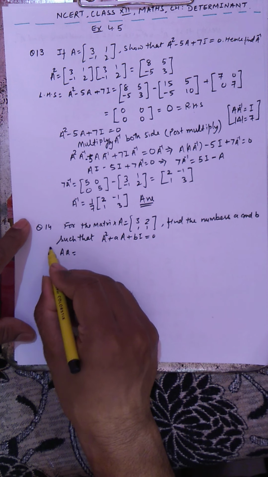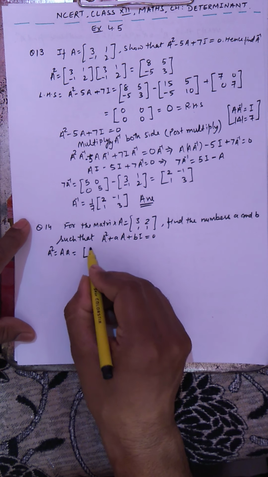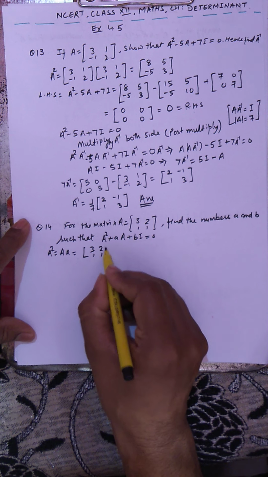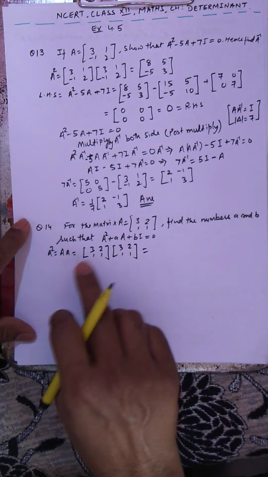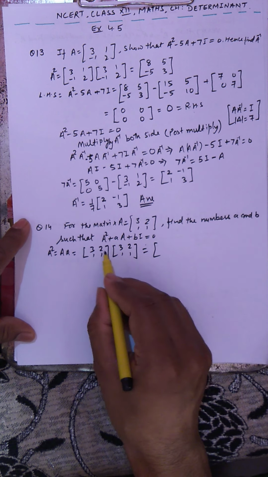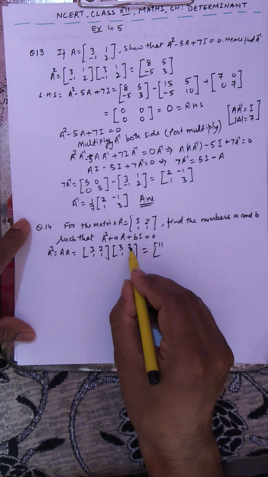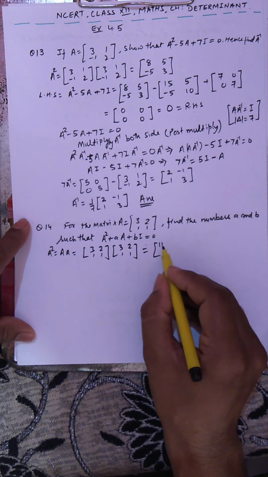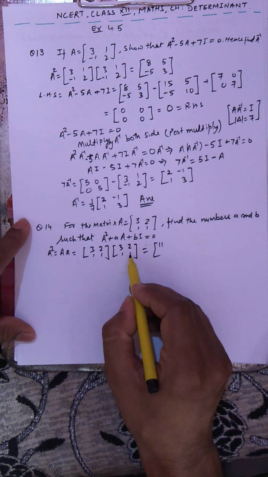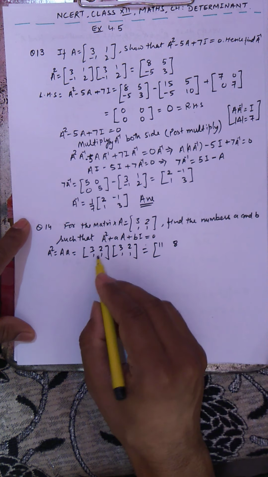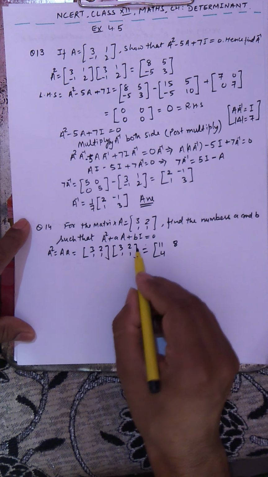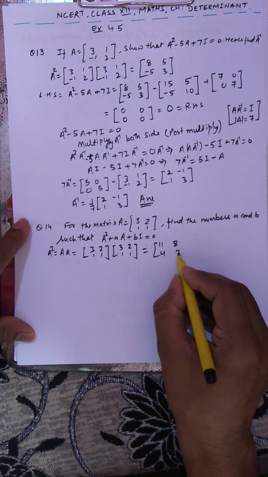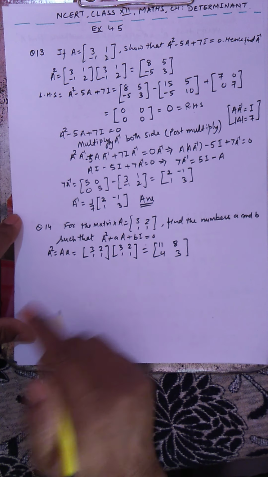So A square is equal to A into A. So A is 3 1 2 1, times 3 1 2 1. Now we can multiply: 3 times 3 is 9, 9 plus 2 is 11, 3 times 2 is 6, 6 plus 2 is 8, 1 times 3 plus 1 is 4, 1 times 2 plus 1 is 3. So this is your A square.